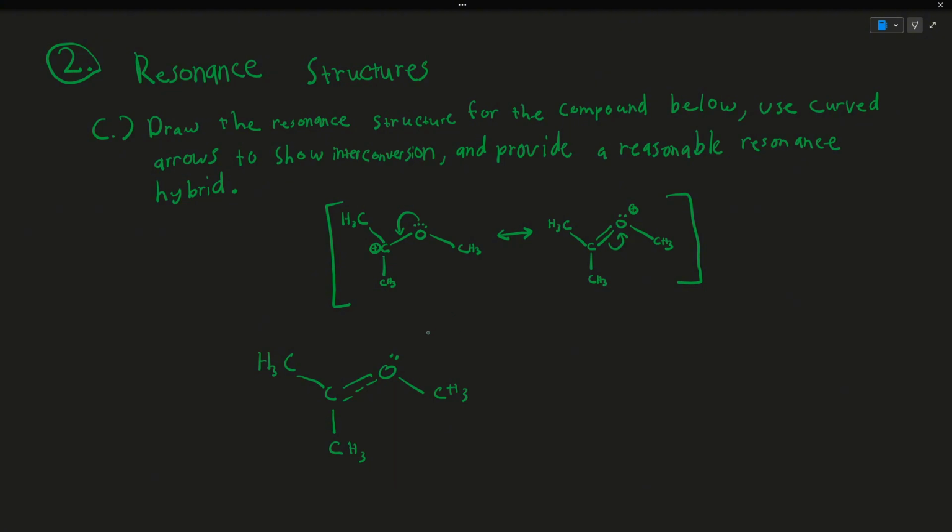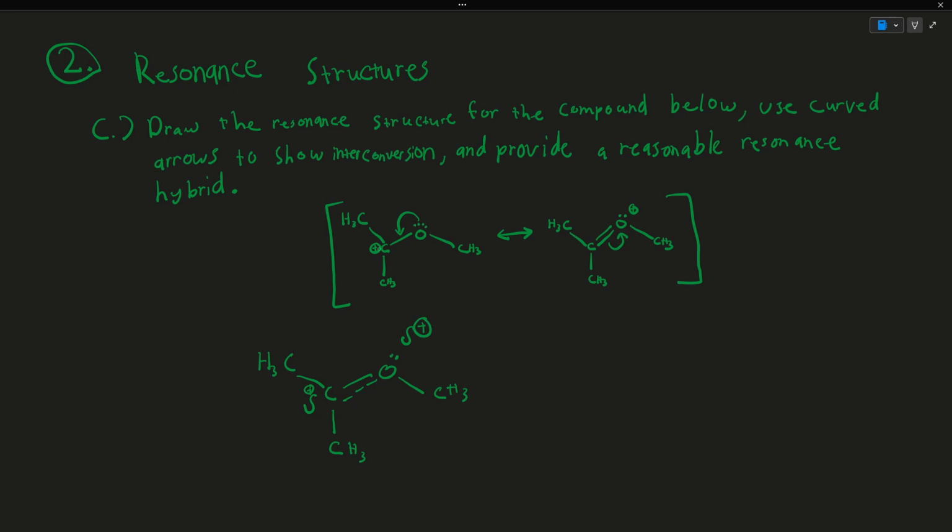In this case, you would have to represent the charges on the compounds using partial charges. For both the carbon and oxygen, they're going to have a partial positive charge.